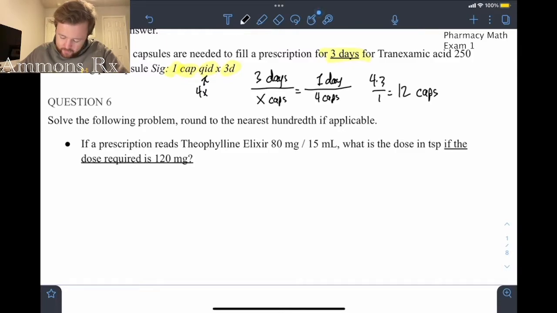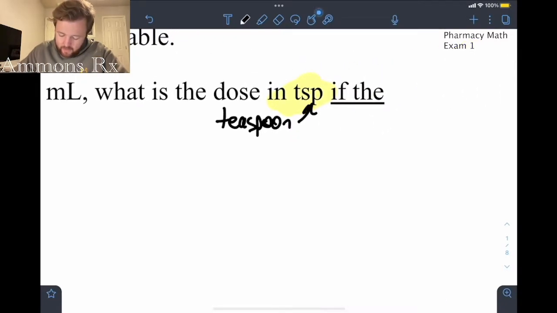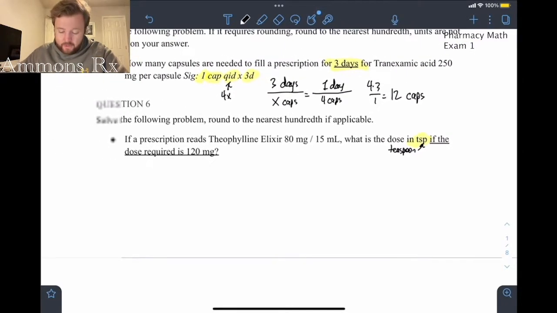The alkaline elixir, 80 milligrams per 15 mils. What is the dose in TSP? What does TSP stand for? TSP is teaspoon. And you probably already guessed it. It's going to ask you how many mils are in a teaspoon.